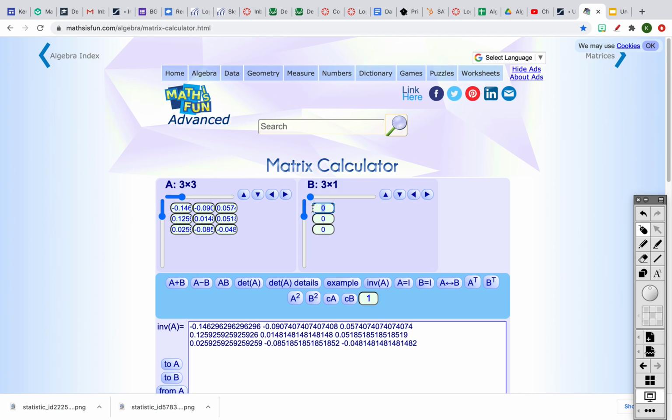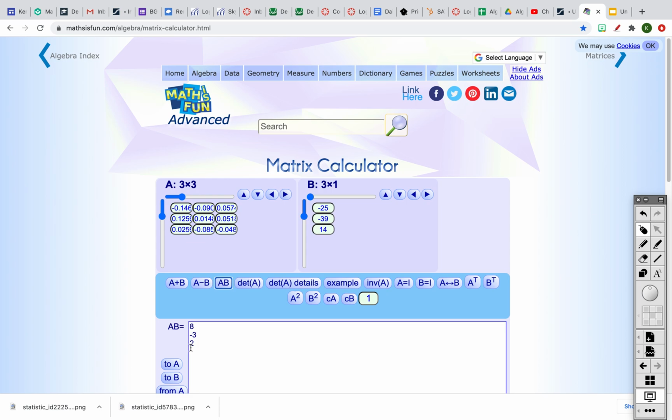And its answers are -25, -39, and 14. And then you simply multiply. This is the inverse of A times B. So my X is 8, my Y is -3, and my Z is 2.